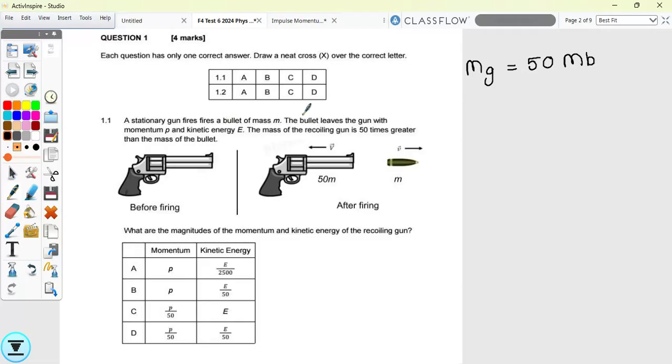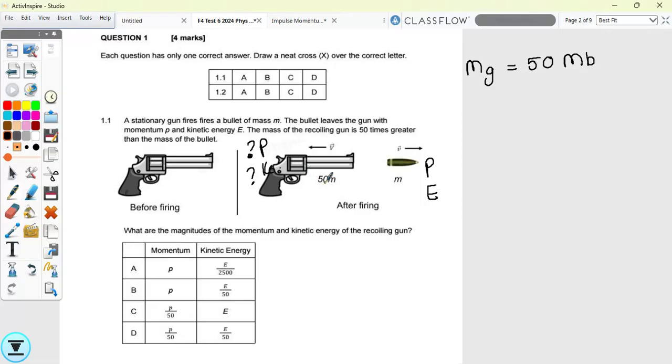So it says, it leaves the gun with a momentum P and a kinetic energy E. Okay, so then what are the magnitudes of the momentum and kinetic energy of the recoiling gun? So they're giving you the information about the bullet. The bullet is leaving with a momentum P and a kinetic energy E. They want to know what is the momentum of the gun and what is the kinetic energy of the gun.